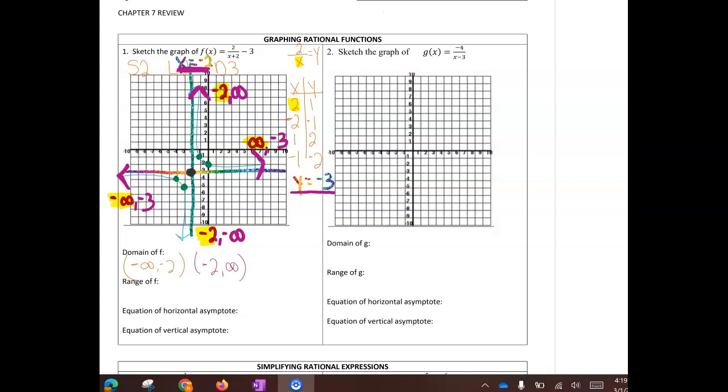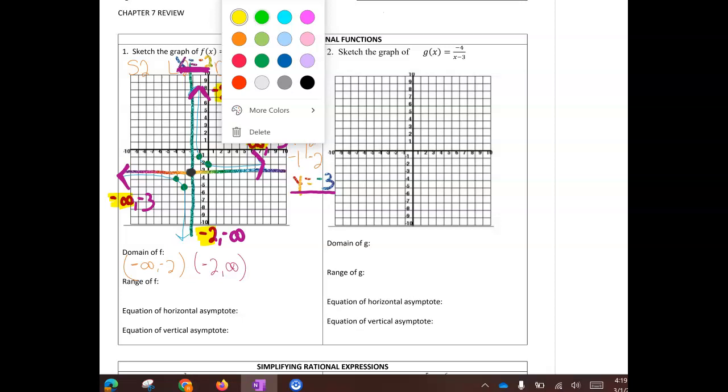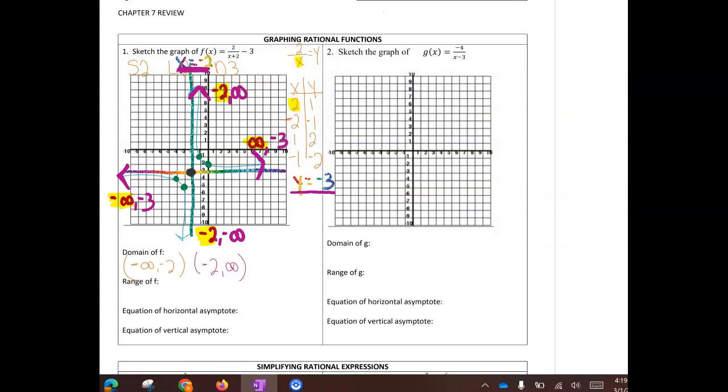So when I do my range, I'll focus on the y's. So first shape, the smaller y is -infinity to -3. And then when I look at my bigger shape, I will go from -3 to infinity.